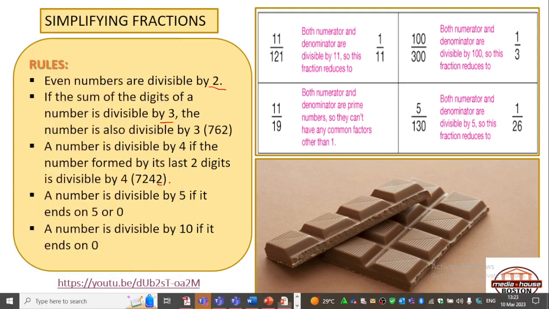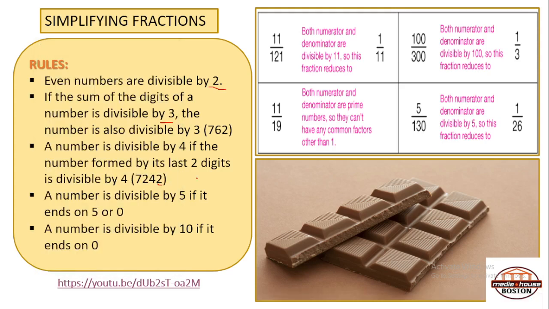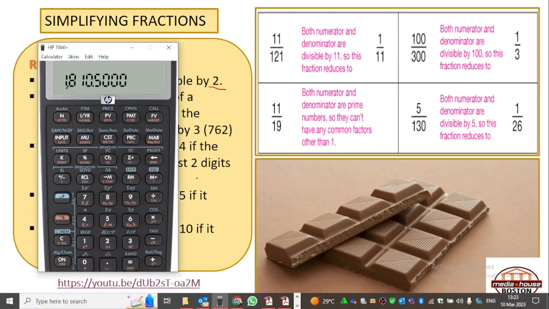The last digit is 2, which is even, so we can divide this by 2. 7,242 divided by 2 means the simplest form of this number would be 3,621.